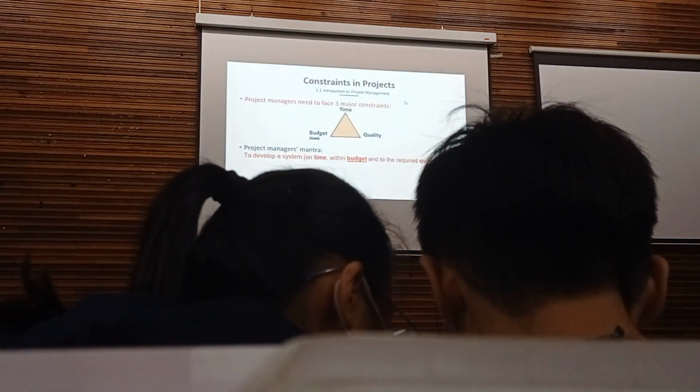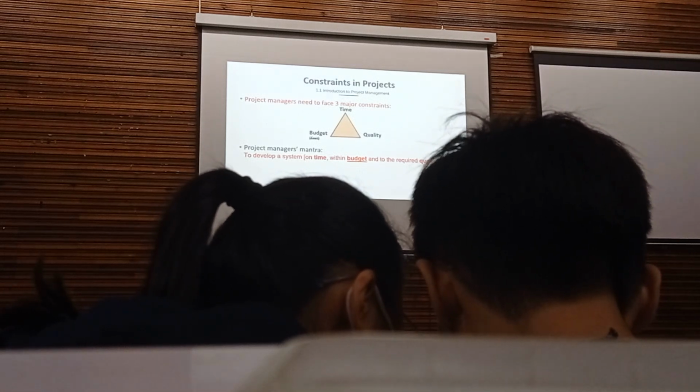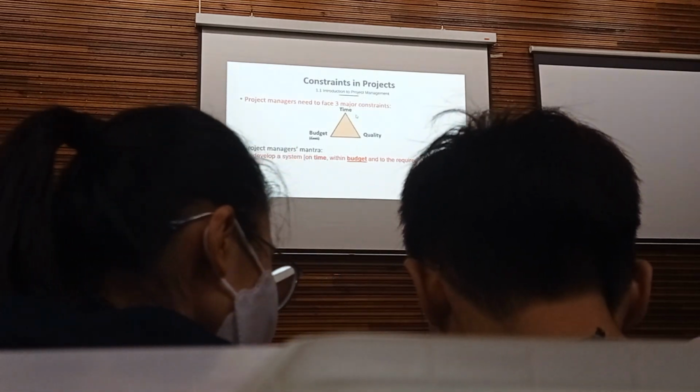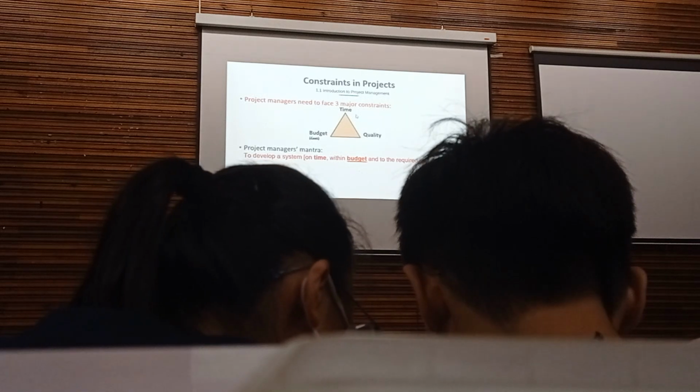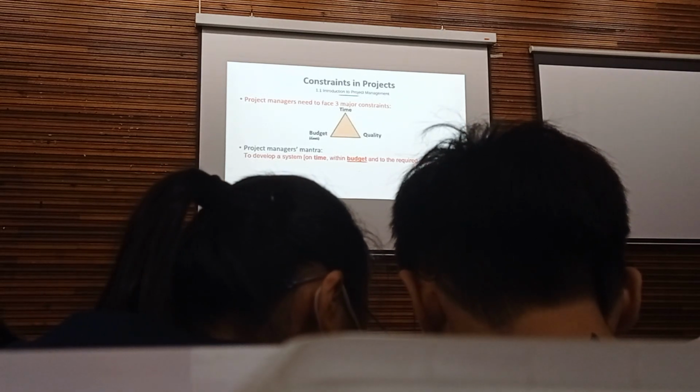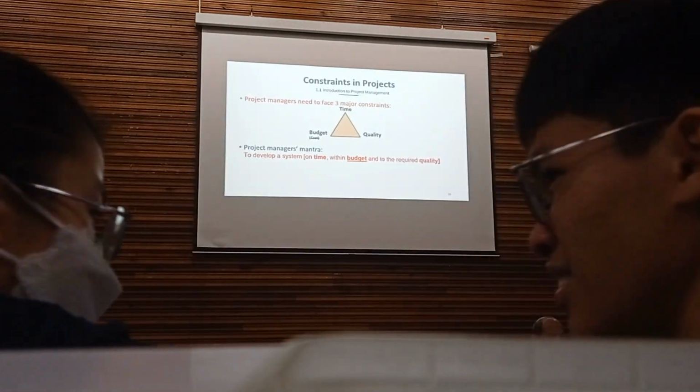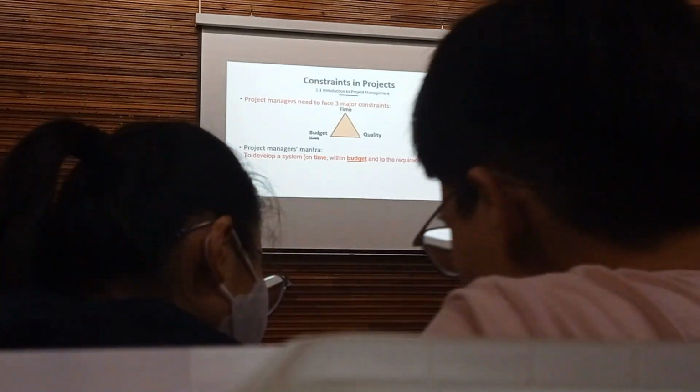Okay, so constraints in a project. A project manager needs to face three major constraints. A project manager is a person who manages a project. Time: the time to complete a project is fixed.